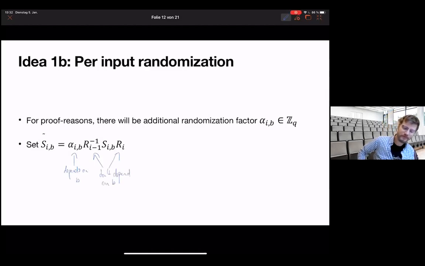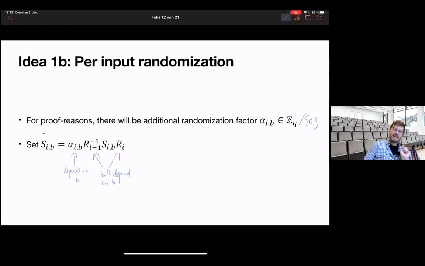Okay, so in a way, we now have this random scalar factor alpha I, B, which of course shouldn't be 0. So we have these matrices, S I, B tilde as before, but now we're still multiplying them with a uniformly random scalar.